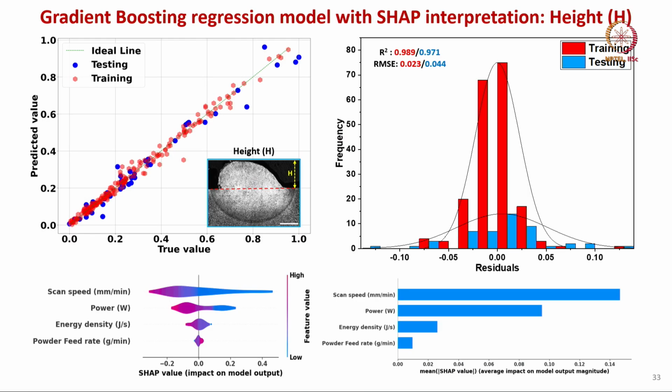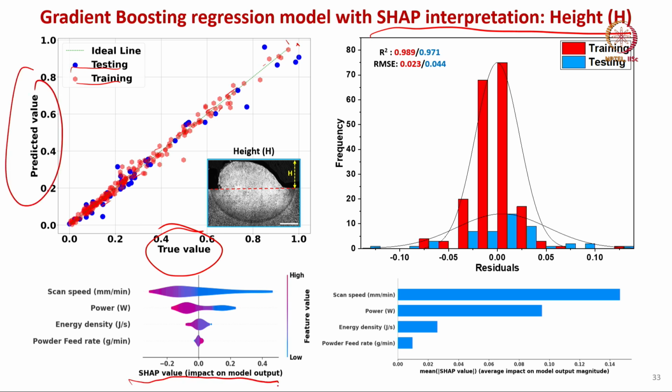Now, for example GBM, the gradient boosting regression model, GBR, here with SHAP interpretation, what SHAP is I have already explained to you before. With the SHAP interpretation, this dotted line is your ideal line. The training and test data sets are distributed very close to this dotted line. This is the true value, this is your predicted value, and this is your SHAP value, the impact on the model output.